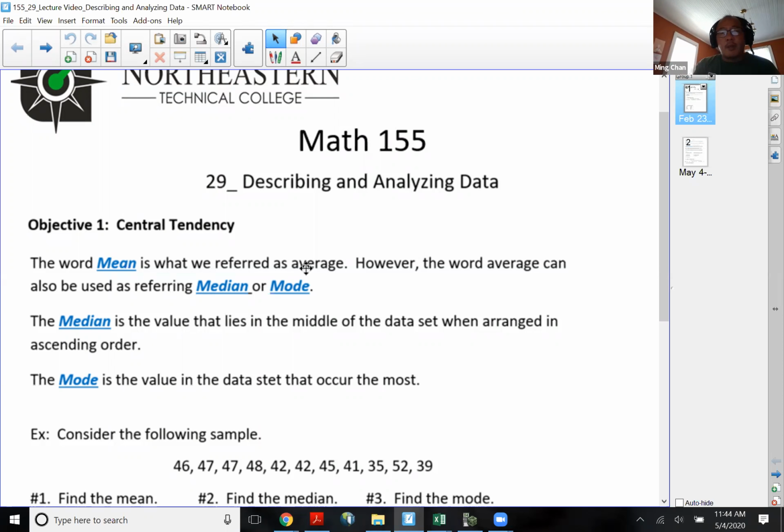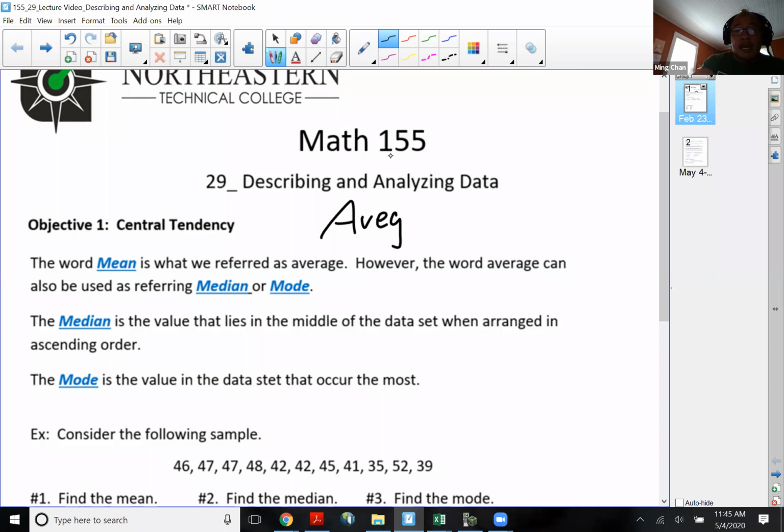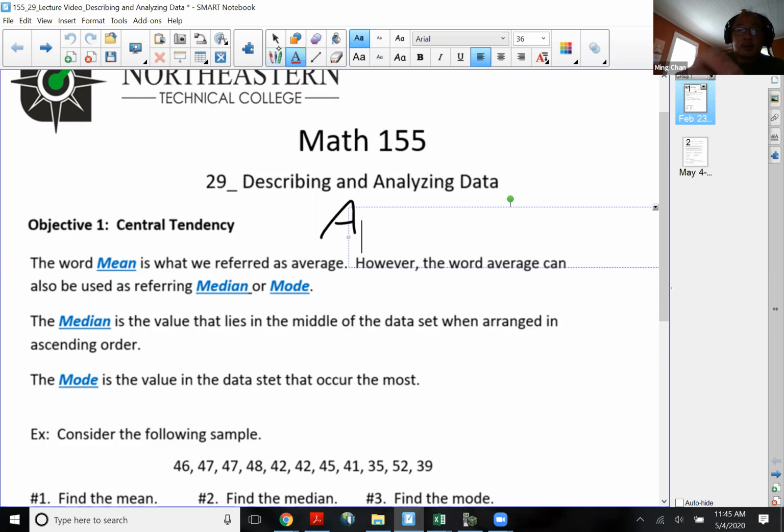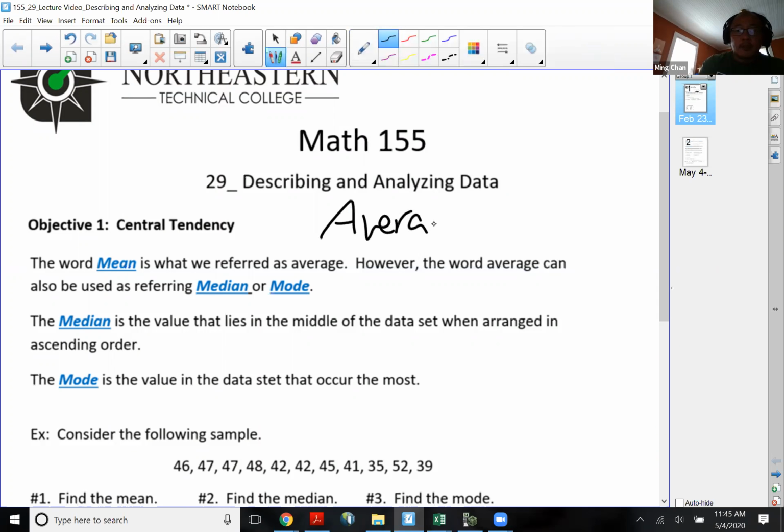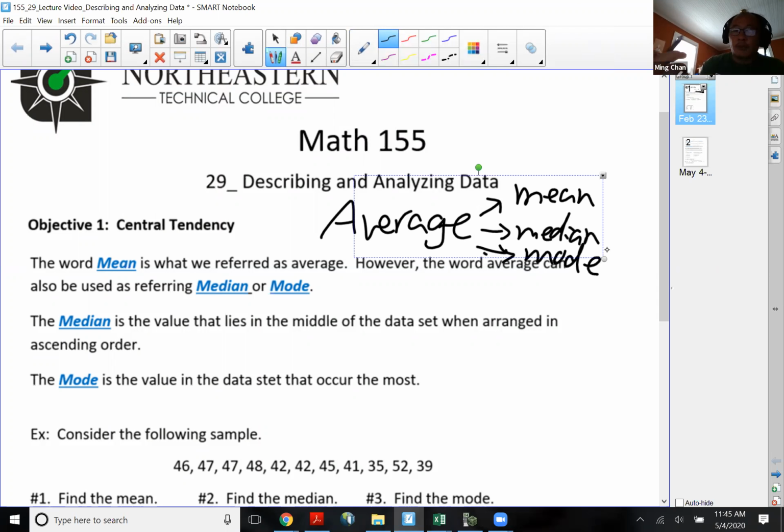The word mean is what we normally prefer as average, but when people just say the word average, it can actually refer to the mean, the median, or the mode. It's all three things.